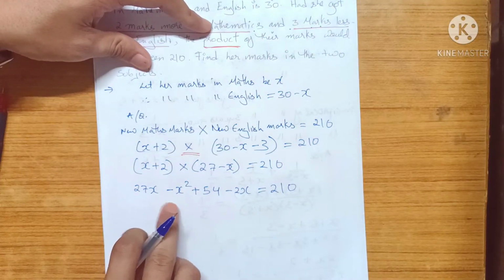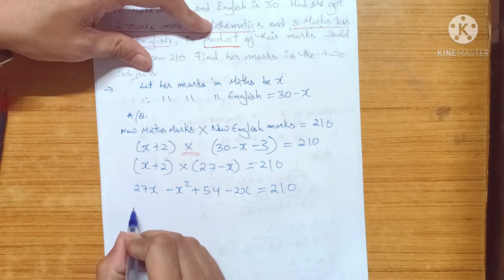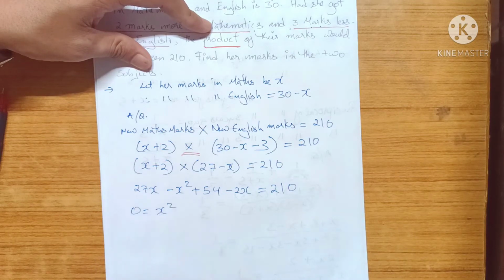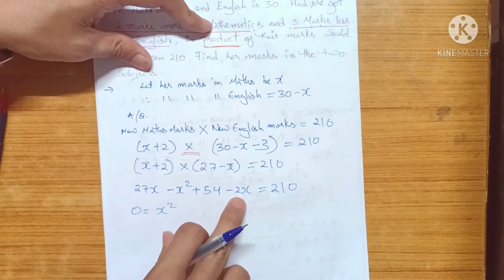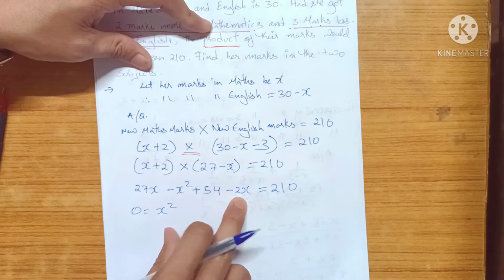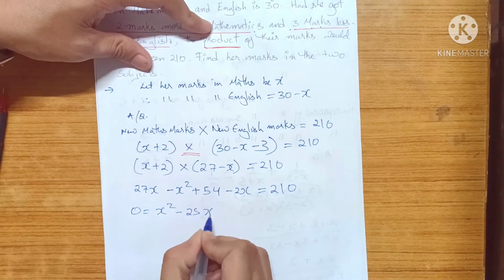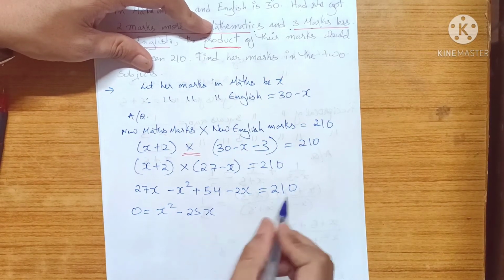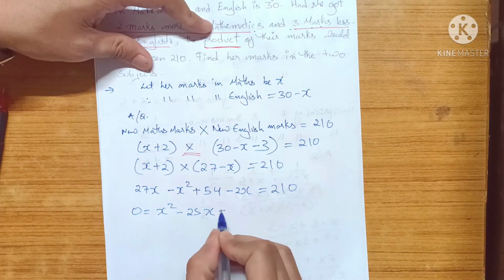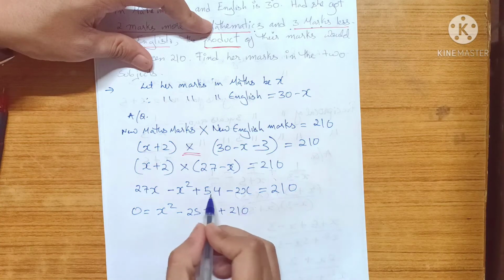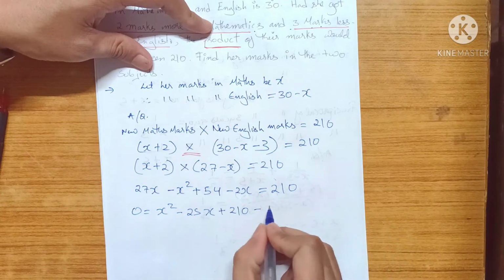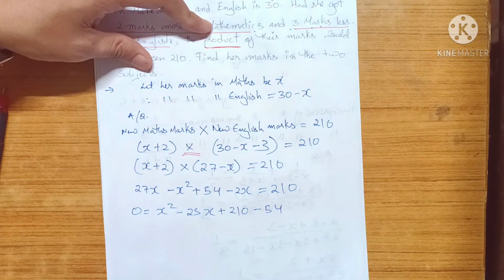Since x square is negative, I'm going to take everything to that side, so x square becomes positive. 27 minus 2 is 25, so minus 25x. Now 210 in front has no sign, so it is positive, and 54 goes to this side, becoming minus 54.